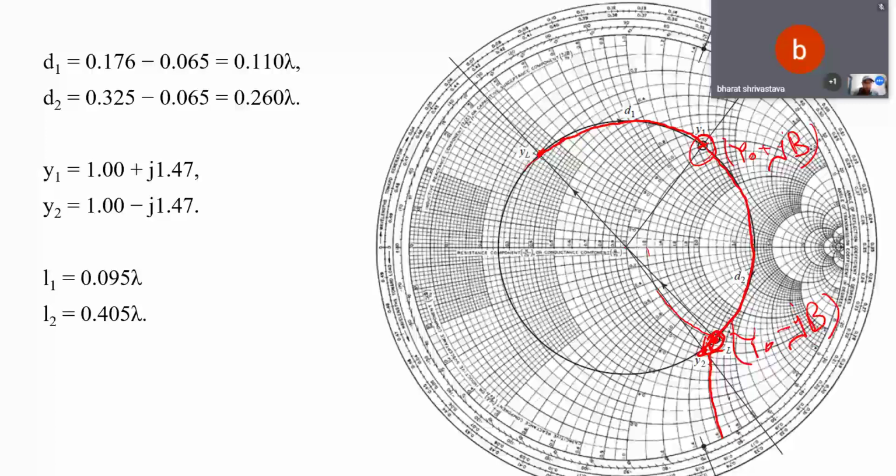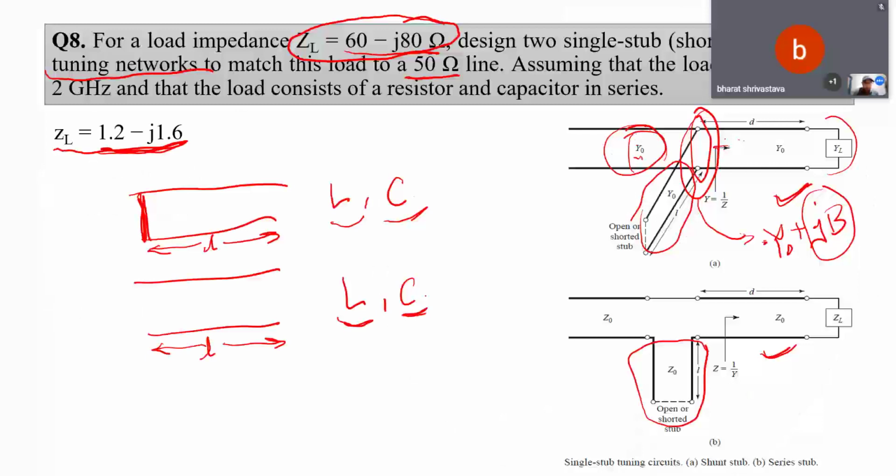So if we want to match this junction point with this transmission line, we can make a stub tuner in such a way that the reactance obtained here will be equal to minus jb, so that they add and cancel each other, and impedance matching can be achieved easily.